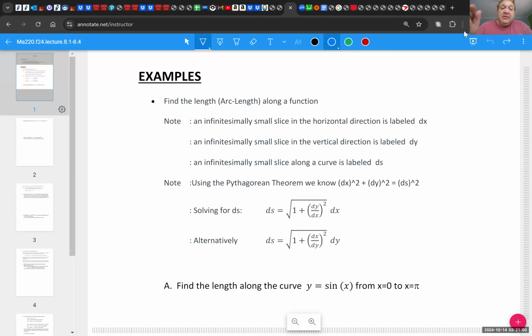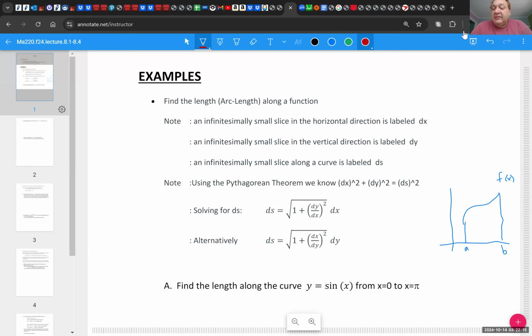Okay, so let me just draw a little random math thing. Mathematicians love drawing these little random functions. So let's say we start at point A and we end at point B. What we're looking for in this particular section is how to find the length along the curve.